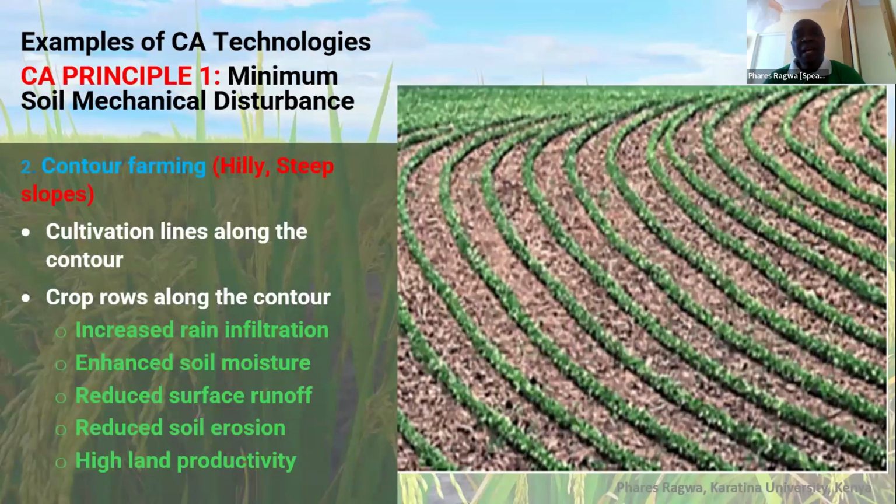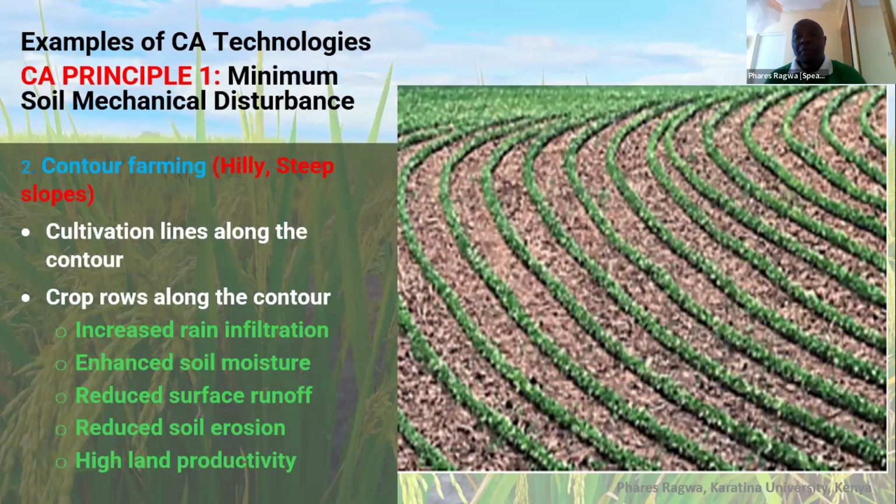If we have to do any minimum cultivation, then the cultivation lines also follow the contour. And the reason we are doing this is that we want to create some kind of a barrier against any surface runoff, so that we reduce the amount of soil erosion.